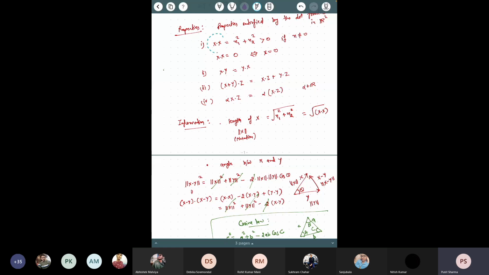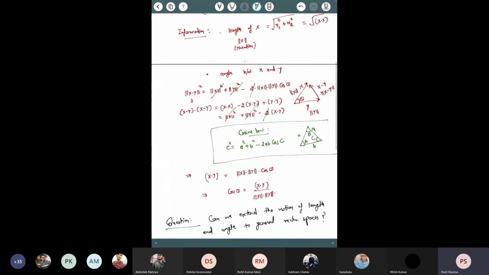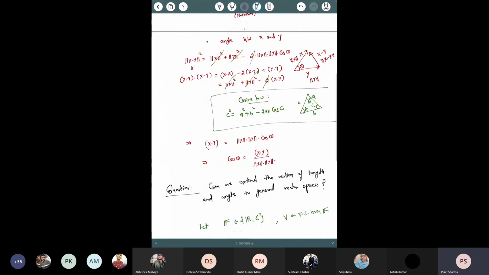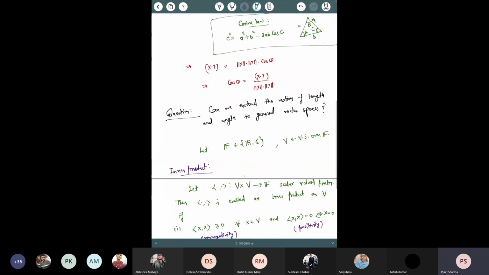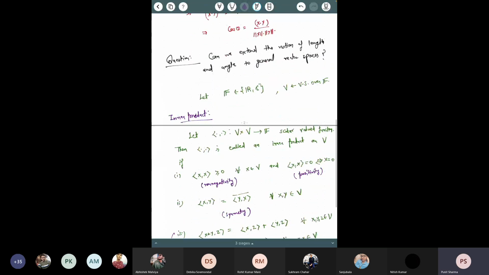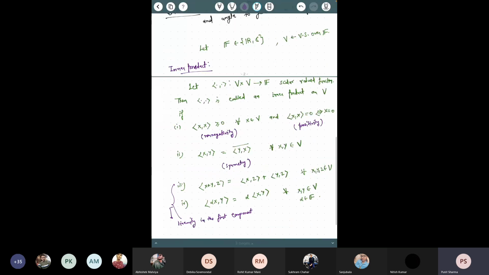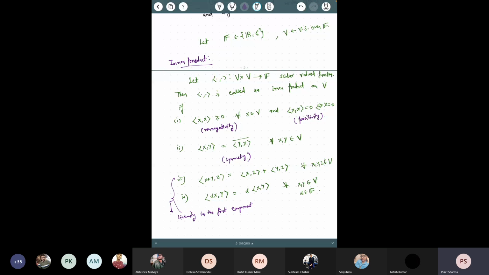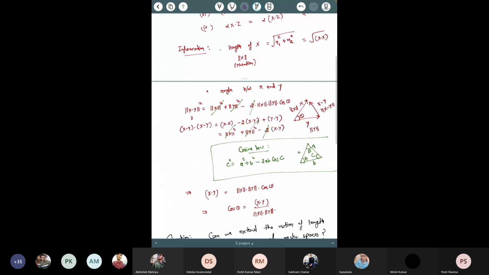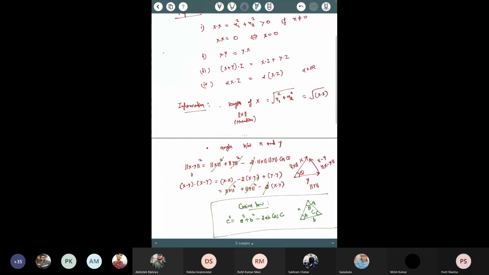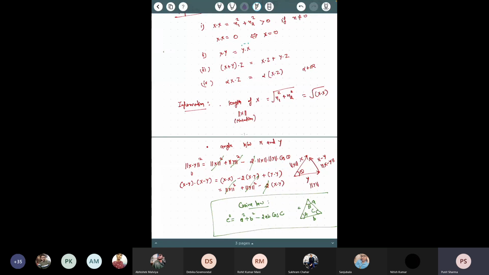Therefore, it is an inner product. The only thing is that in R2, the dot product of x with y is the same as the dot product of y with x, because it's a real number, so its conjugate is the same. Here we need the conjugate.